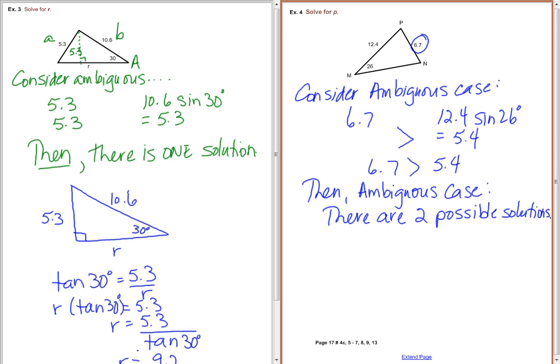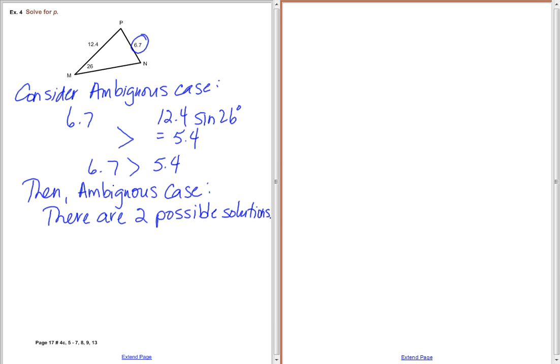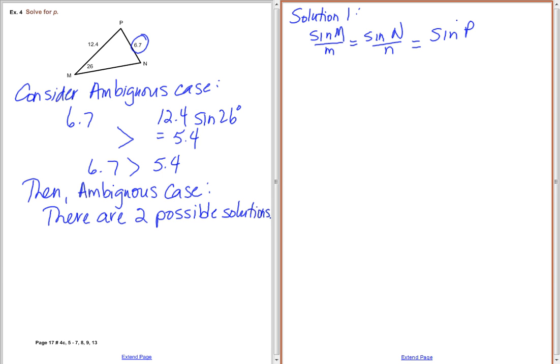The first solution is to solve as we always would. So solution number 1. Set up a sine ratio and trust your calculator. So sine M over m equals sine N over n equals sine P over p.